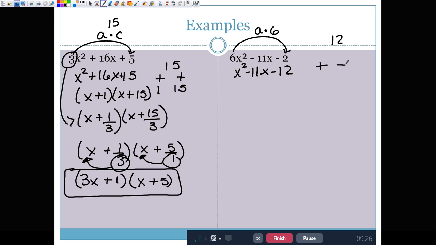Positive, negative. Because my larger term has to be negative. Okay? You have to have one of each, and my larger has to be negative. So 1 times 12 is 12. Positive 1 plus negative 12 would be negative 11. So I'm going to have x plus 1 and x minus 12.